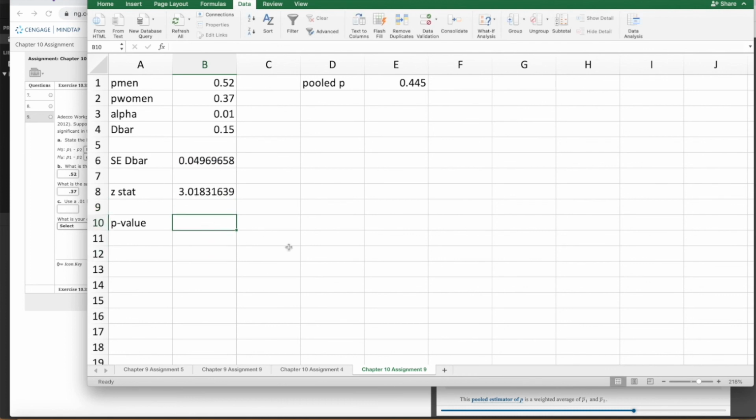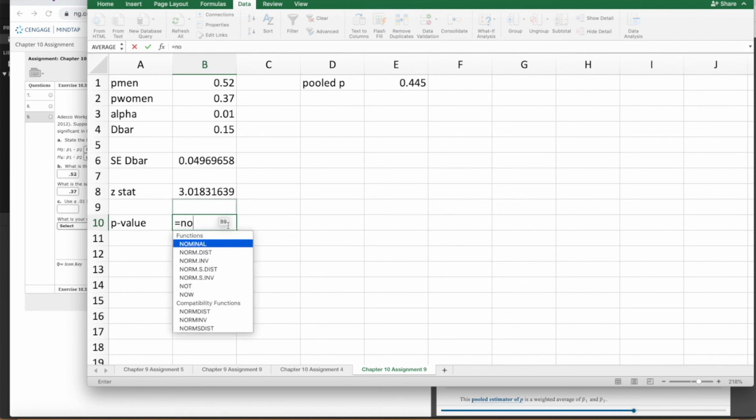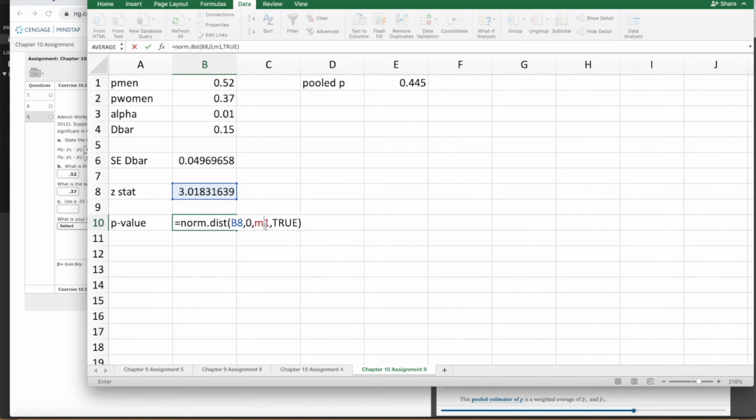P-value equals, so we're doing a one-tailed test looking in the upper tail. So if I just did norm.dist, this number, comma 0, comma 1, comma true, before I push enter, think about what's going to be wrong with that. That seems really big. Well, that's the left. That's to the left of this number.